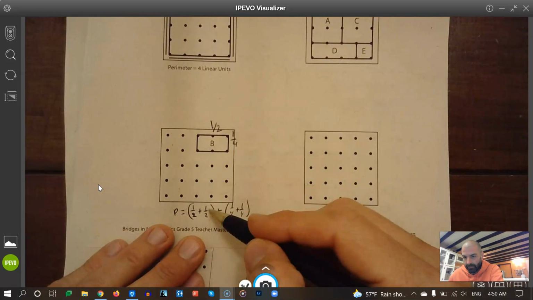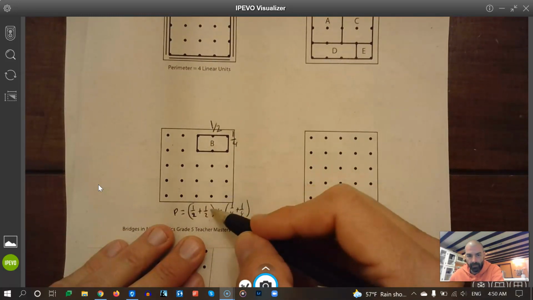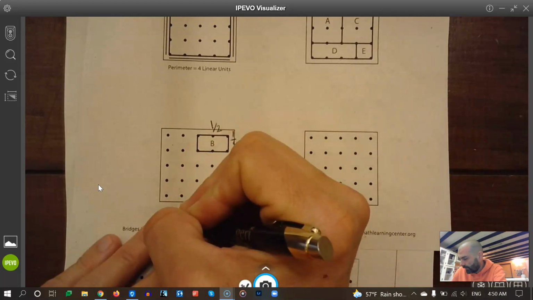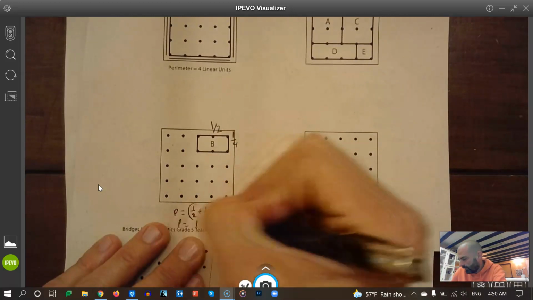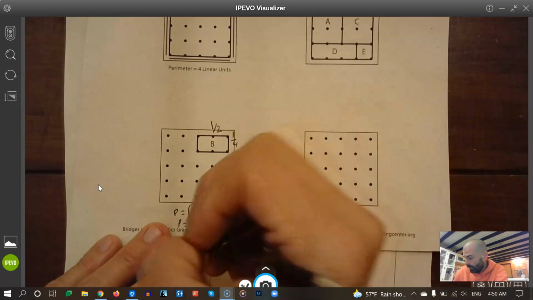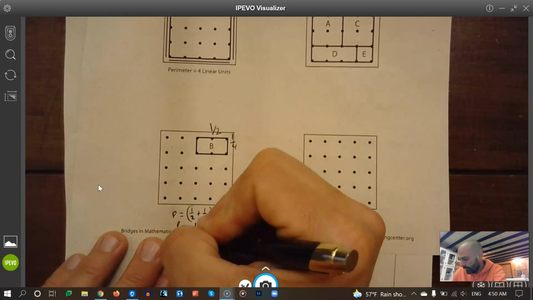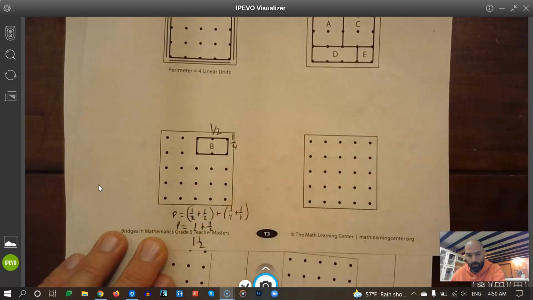I have to remember that I can combine like denominators here. So I have 1/2 plus 1/2. That's going to get me 1. And then 1/4 plus 1/4, that is 2/4 or 1/2. So my total perimeter is 1 and 1/2.